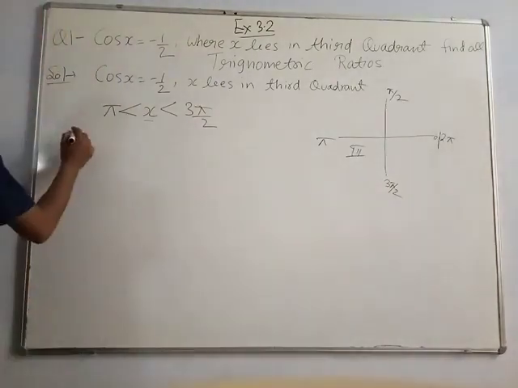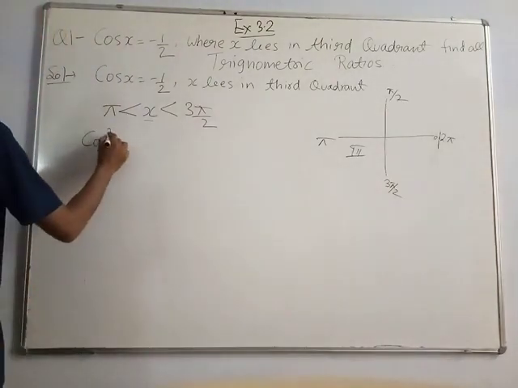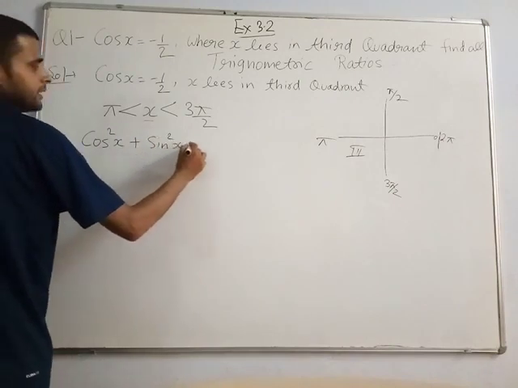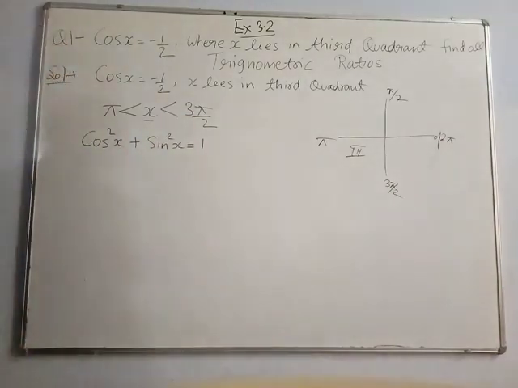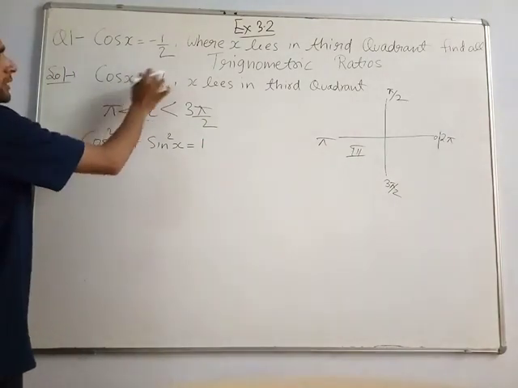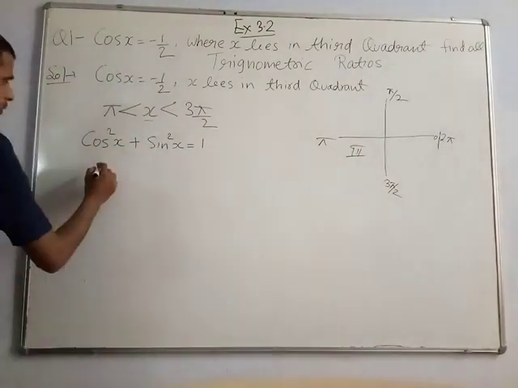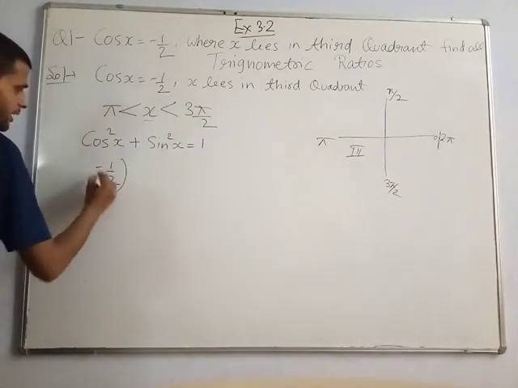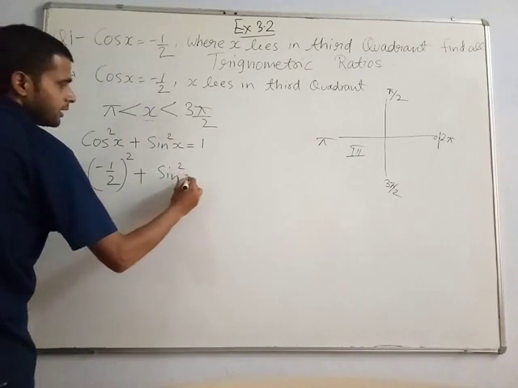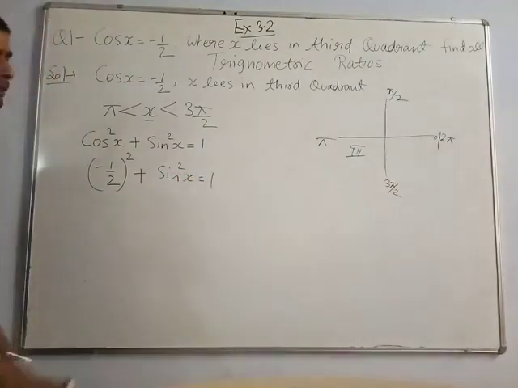One formula you should remember: cos square x plus sin square x equal to 1. Put the value of cos x, which is -1/2. So (-1/2) square plus sin square x equal to 1.